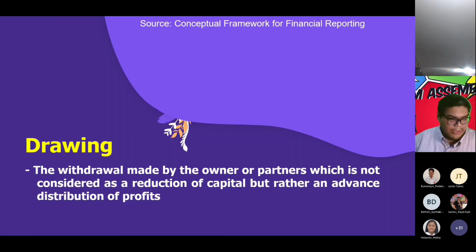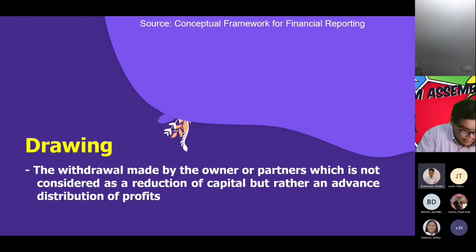So drawing. What is the meaning of drawing or withdrawals? Sige, free for all na. Ito po sir yung pag-deduct natin sa sarili nating capital for our personal uses.